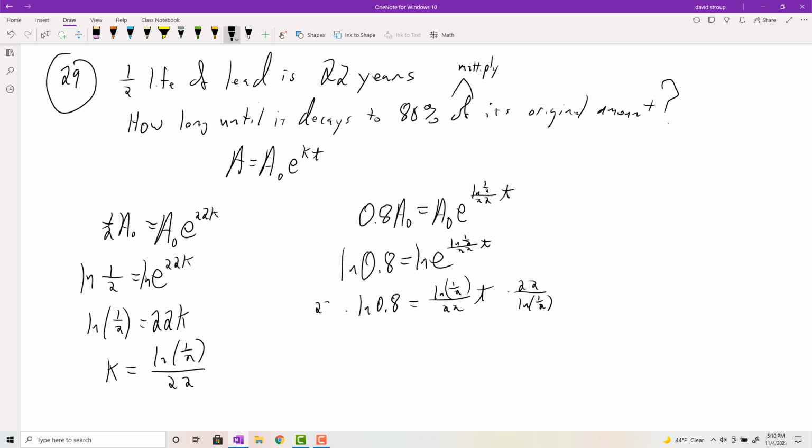If you want, you could write ln of 0.8 over 1 to keep everything straight. I'm going to flip-flop sides, so I'll have t equals 22 ln of 0.8 all over ln of 1/2. Put it in the calculator, probably get a 1 or 2 decimal approximation, read the directions: 7.08 years for the lead to decay.